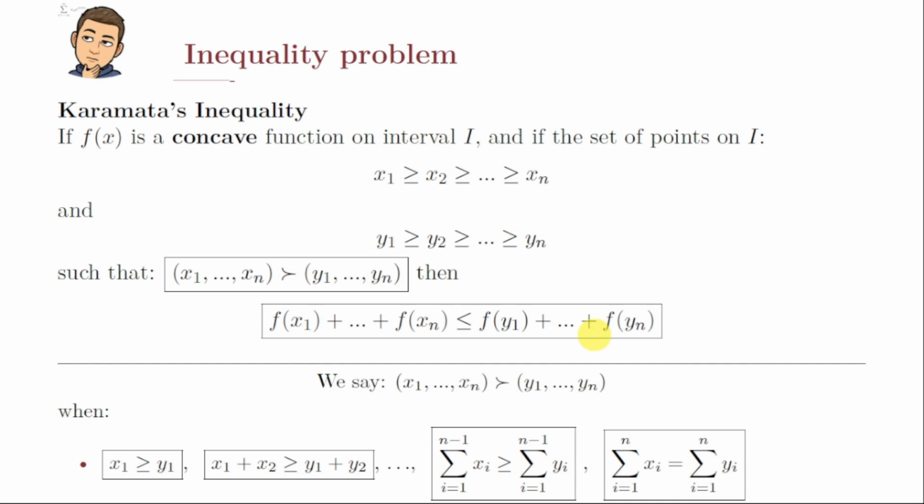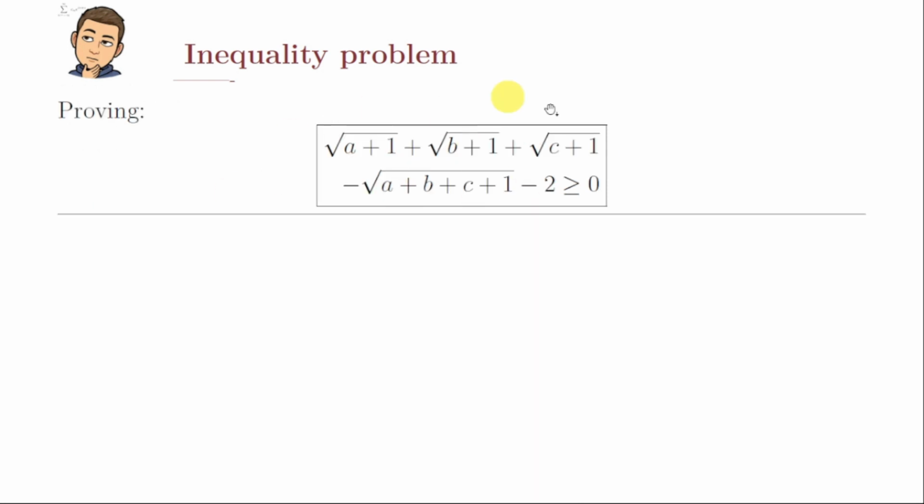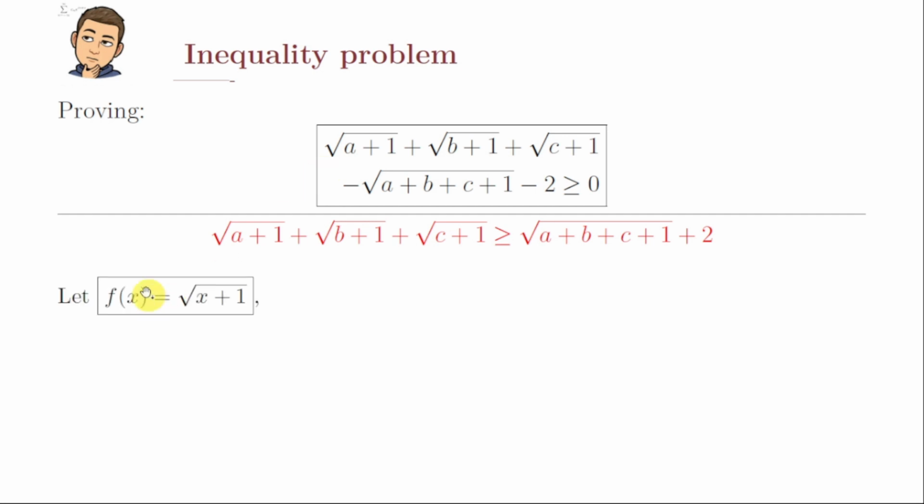Now, let's start to solve our problem. That is our inequality right here, written in terms of a, b, and c, the same as the first solution. We use the substitution, right? The same as the first solution, the inequality that we want to prove has a square root here, and we can use the function f(x) equals square root of x plus 1.